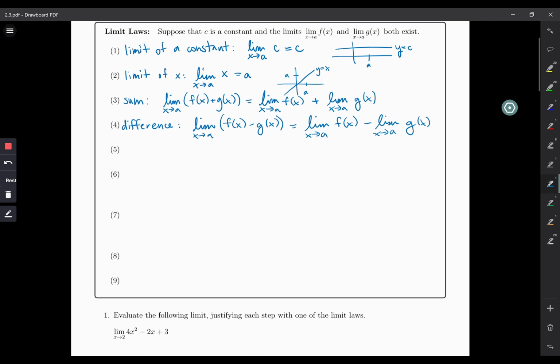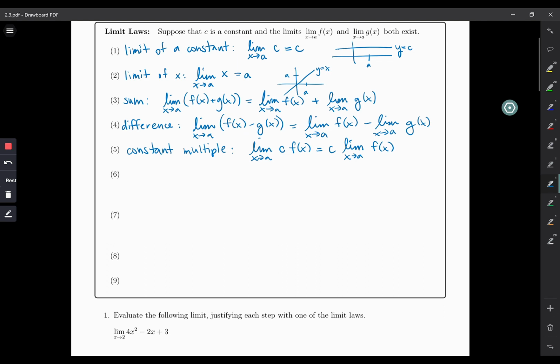And also, if you have a constant multiple, meaning you have the limit as x goes to a of the constant times the function, then you can pull it outside of the limit. I would think of this as bringing the constant out front. So that's the same as c times the limit as x goes to a of f of x.